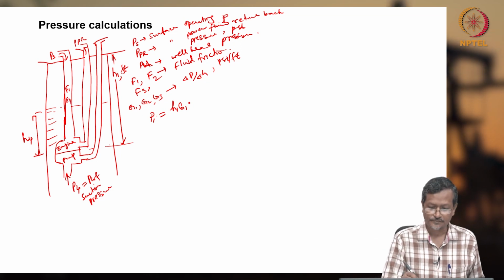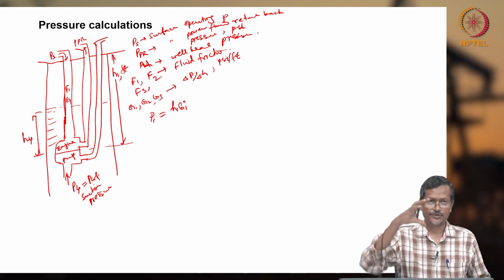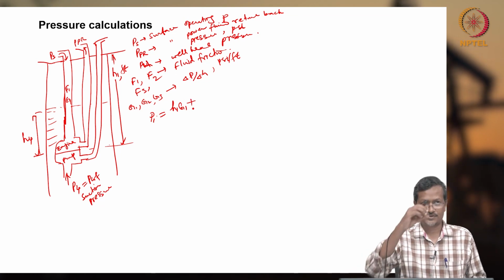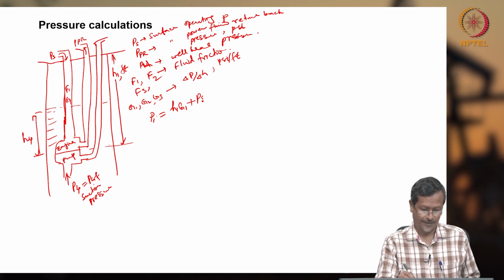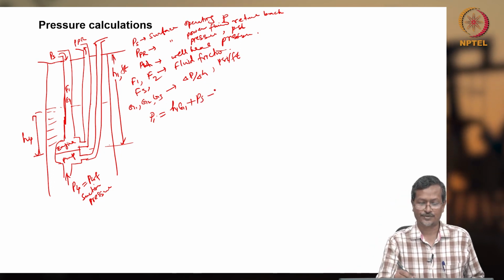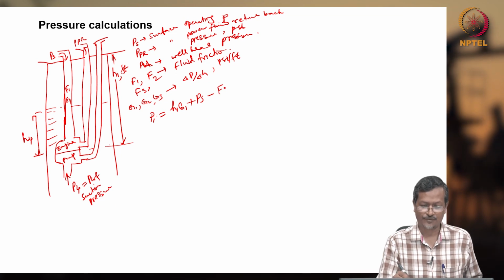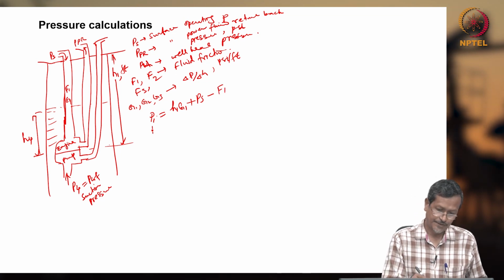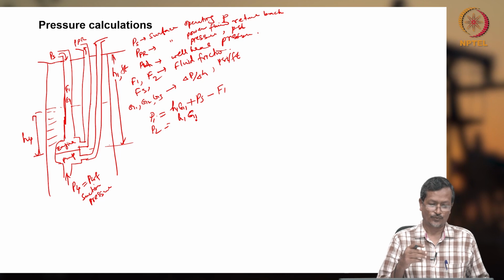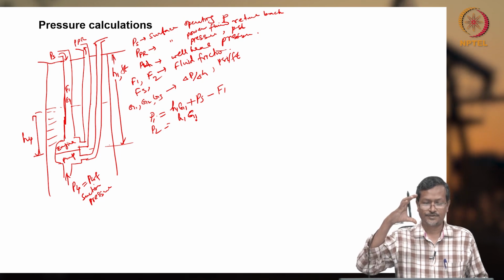This much total fluid is pressurizing downward, plus your surface pressure PS, but friction force is there, so that will be negative, minus F1. P2 will be H1 G1.